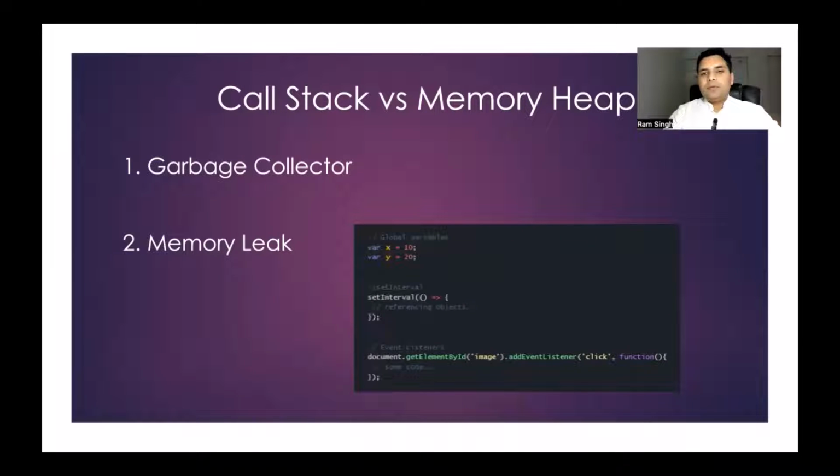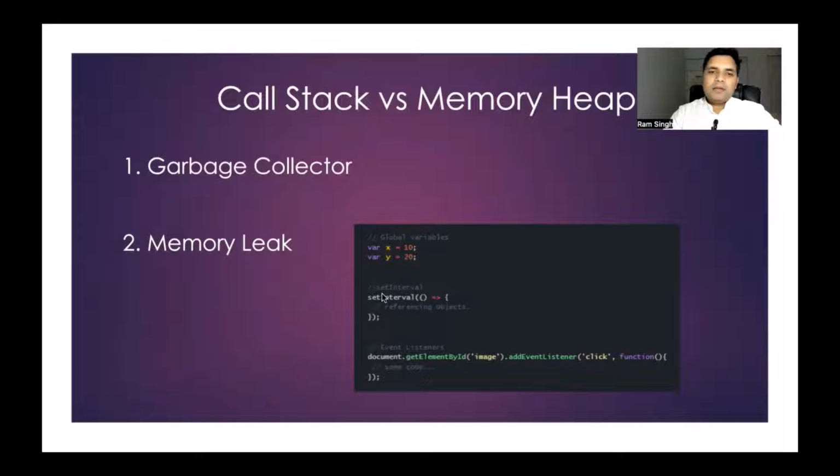In your global environment, if you keep creating variables, they will sometimes remain present at the global level. So we have to be careful to avoid such variables, and try to keep all variables inside some scope, either inside a function or at block level.